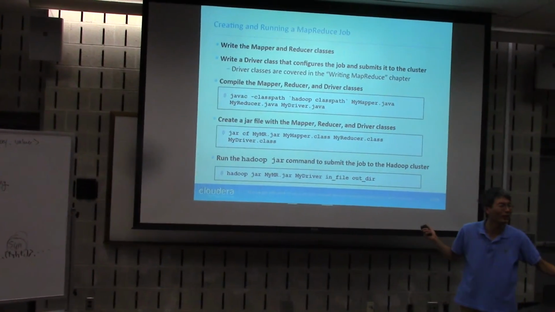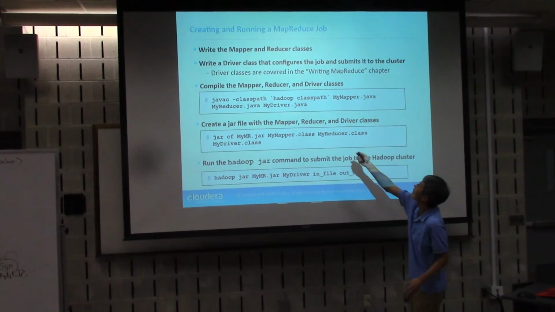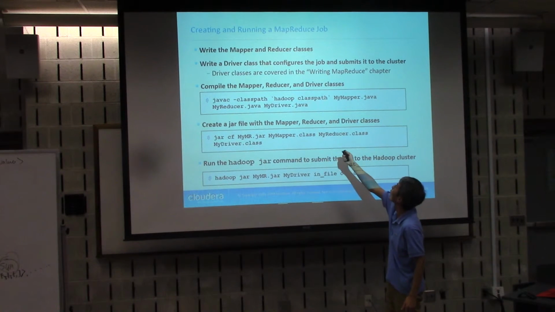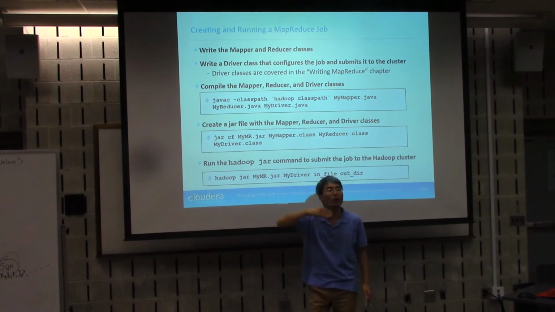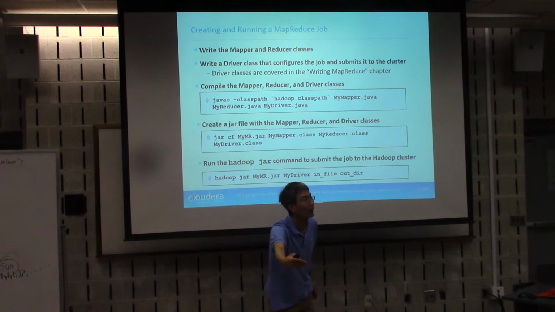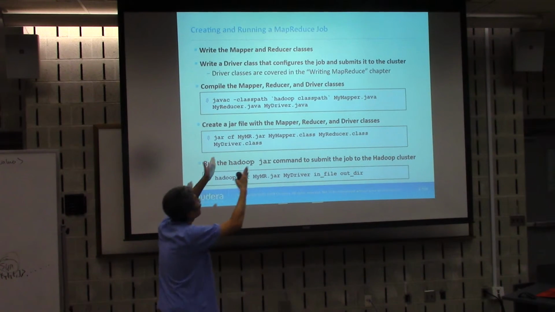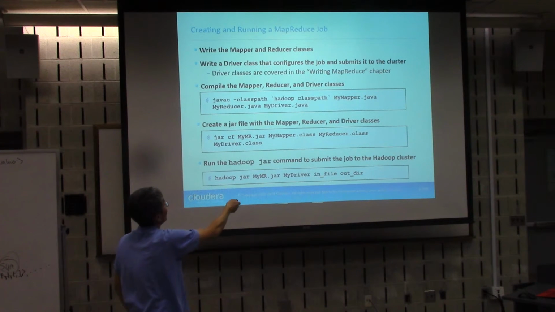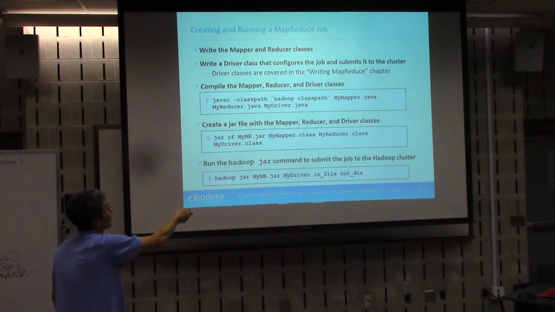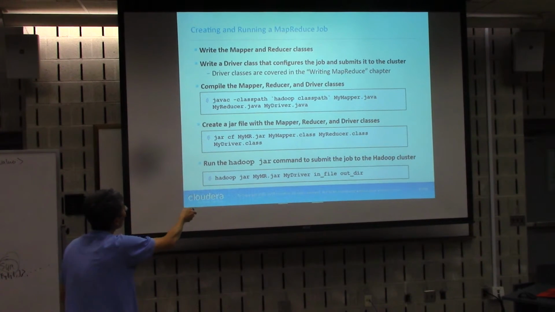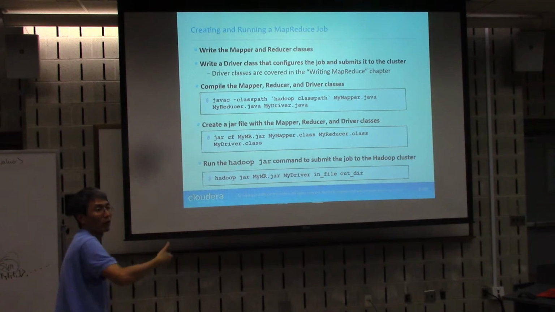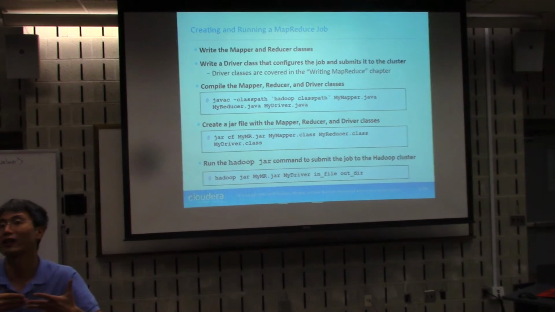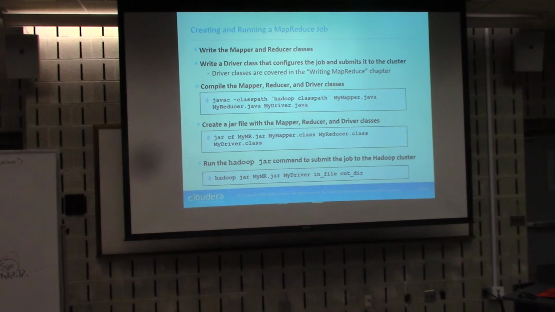This one is used for running this command on the shell. So you will get the Hadoop classpath, and append this to the classpath. Then compile the driver, mapper, and reducer. It can also be one Java file. It doesn't matter. It depends on your preference.